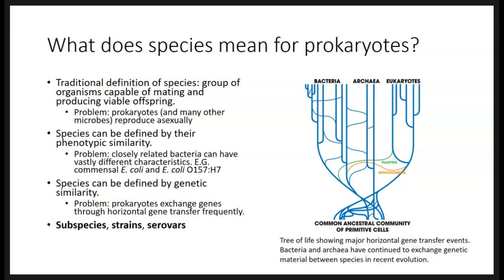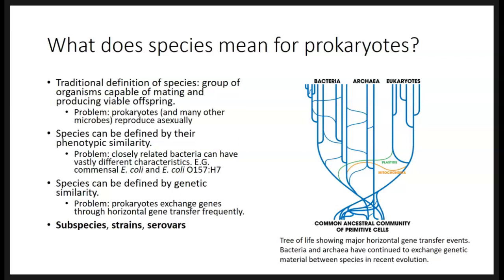However, the traditional definition of species was developed for macro-level organisms, and that was that a species is a group of organisms that's capable of mating and producing viable offspring. But this doesn't work for prokaryotes because, like many other microbes, they reproduce asexually. And so this is a meaningless definition for bacteria.